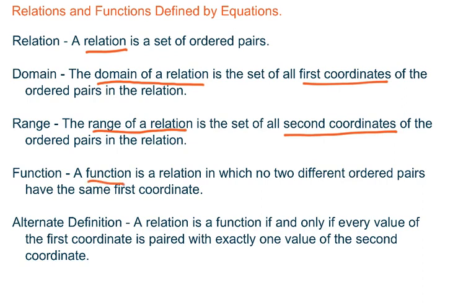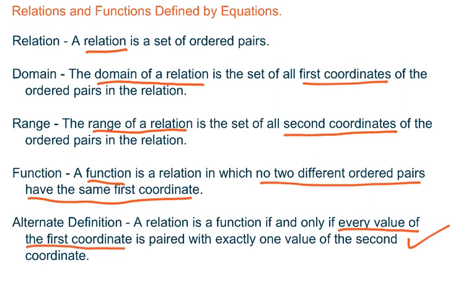A function is a relation in which no two different ordered pairs have the same first coordinate. And what we're going to find especially useful in this lesson is this alternative definition of a function. A relation is a function if and only if every value of the first coordinate is paired with exactly one value of the second coordinate.